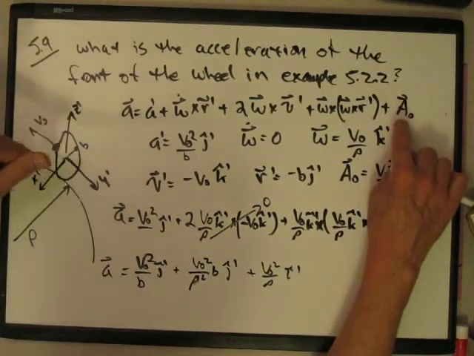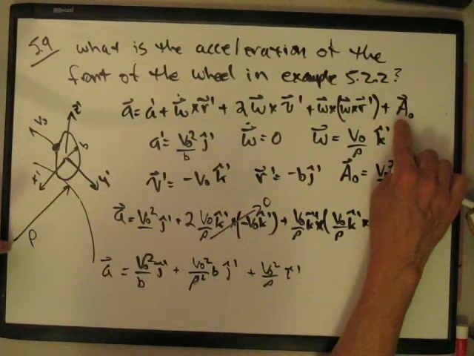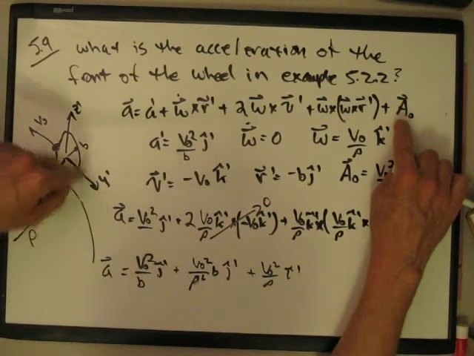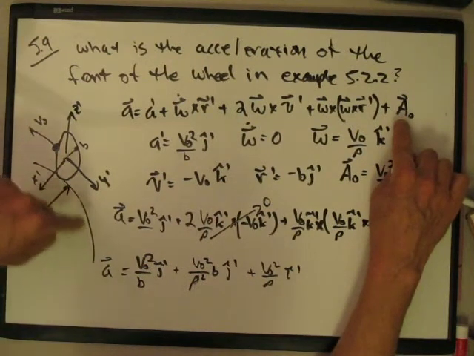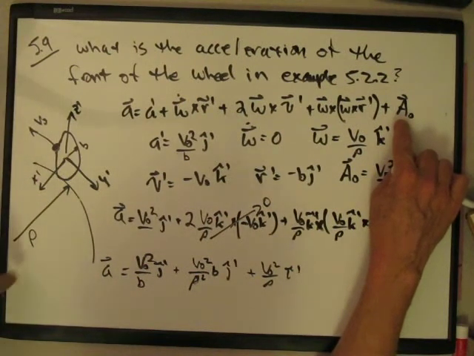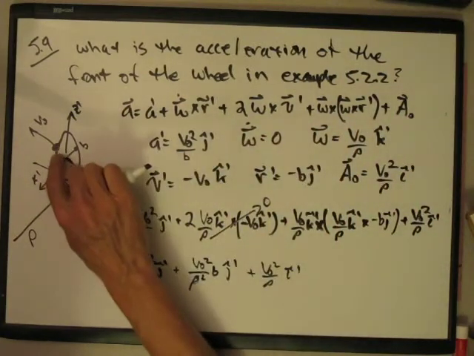And again, in this problem, because I've picked a frame that's not coaxial, it doesn't have the same center, this frame is accelerating relative to this one with a centripetal acceleration because it's going in a circle around my inertial frame. And so I'm looking at the point on the front of the wheel, right, that's what the problem is.